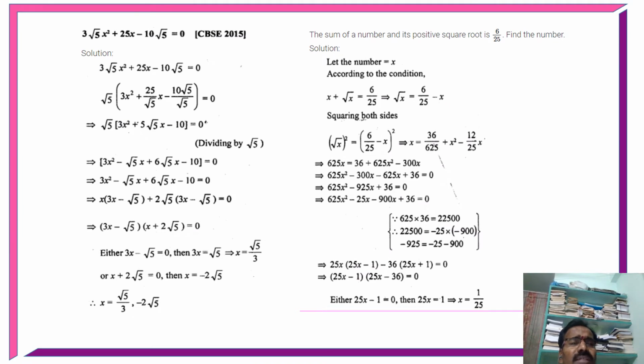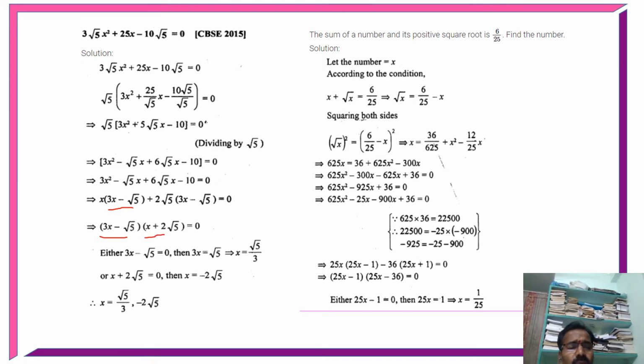In this slide it is given: find the roots of 3 root 5 x square plus 25x minus 10 root 5. Again, we can do any method, students. We can do it directly by splitting the middle term. After simplifying, we have (3x - root 5)(3x + 2 root 5).